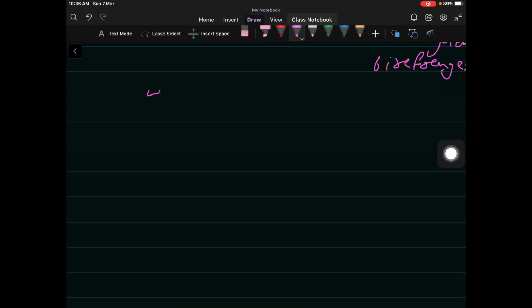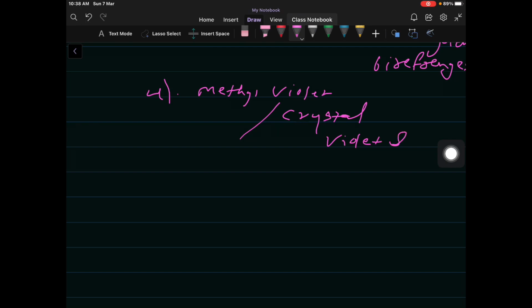Now, the other stains which are less commonly used: the fourth one is methyl violet. It is also called the crystal violet stain, and this one will give the metachromatic stain.